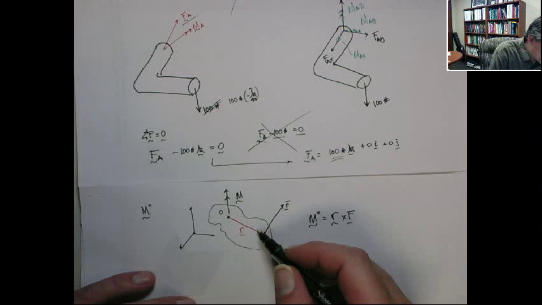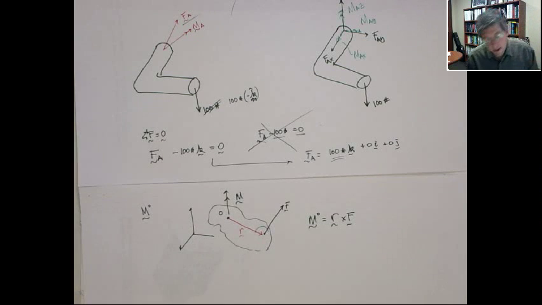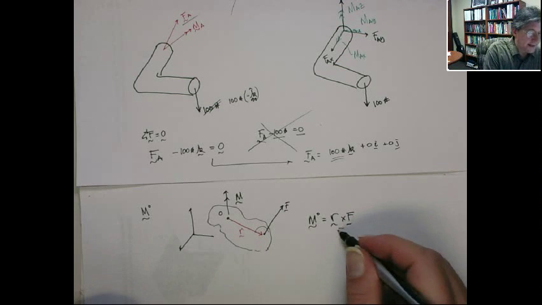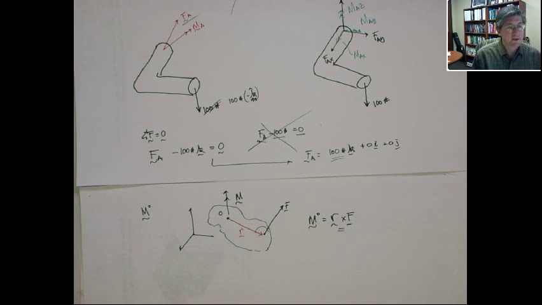This does not need to be a right angle. This could be any angle. The cross product takes into account all that. It gives you the sign there.